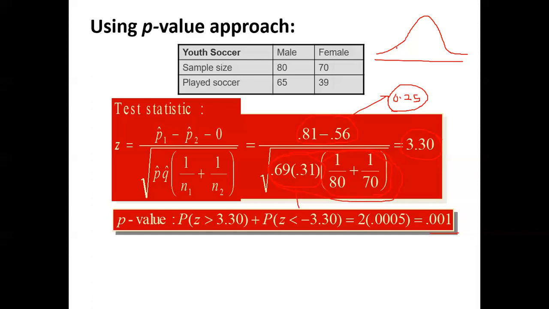So negative 3.30 here, and this one is 3.30. Okay, so this is the area.